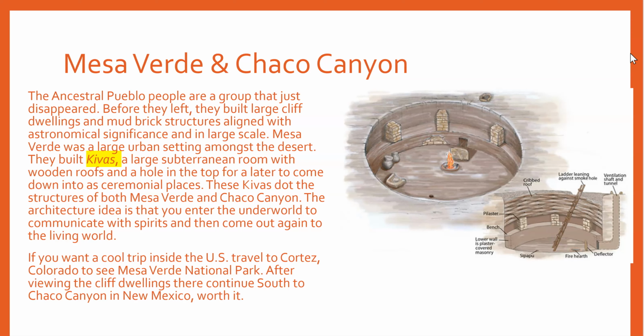But the kiva itself is interesting because like Mesa Verde, in their largest area, there's several kivas, and you can imagine living and coming out through the earth, and that's a part of their belief, this idea that we're born of the earth. And so every day you're going in and out of the earth, and it's a pretty interesting structure.